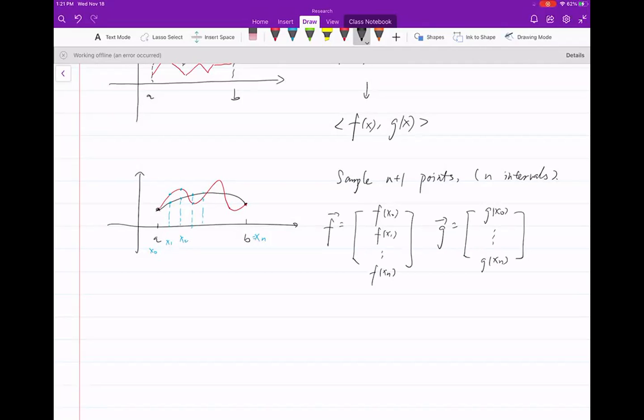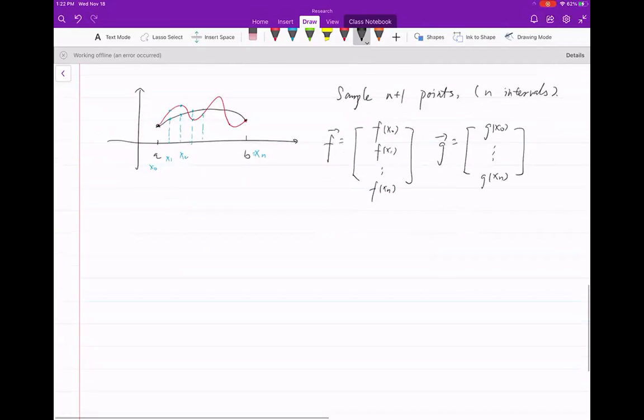Do you know how to take the dot product? Of course, I know how to do it. If I have 10 sample points, I have a 10-dimensional vector. Do you know how to do the dot product? Of course, you know how to do it. So let's do it for n, and eventually we'll let n go to infinity. That will be how we measure the similarities between two functions.